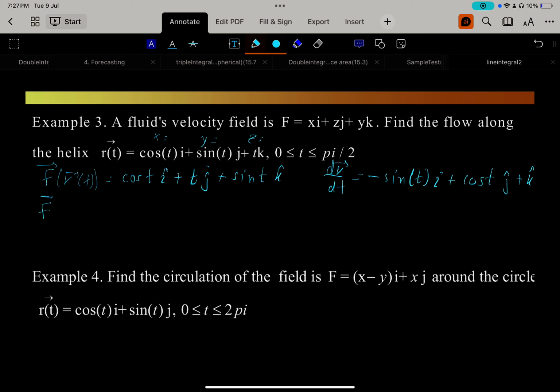The dot product of these two is cosine of t times minus sine of t, plus t cosine of t, plus sine of t.